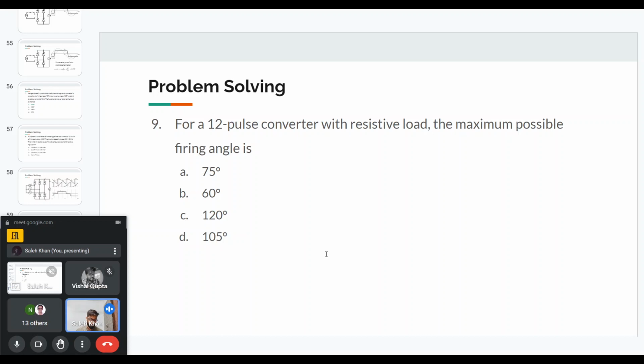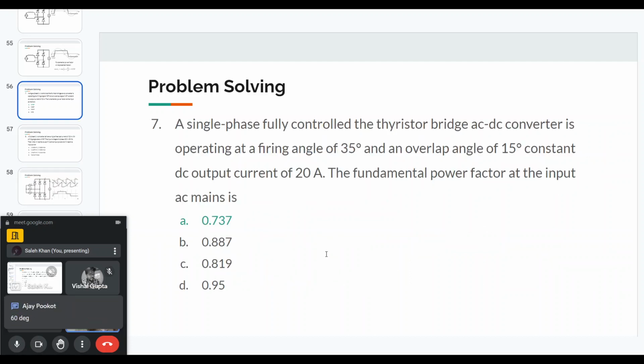Or can anybody guess what should be the answer? Okay, some people are saying 60 degrees. One person is saying 120 degrees. But okay, let me go back to understand this question.